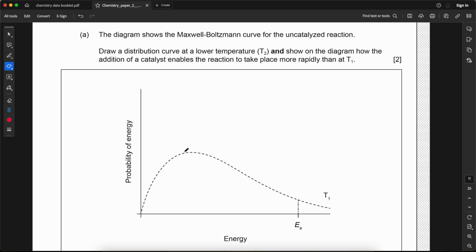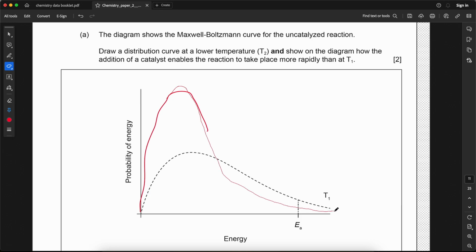When the peak is lower and slightly to the right, it means that peak is for higher temperature. Therefore, the lower temperature should be a bit higher. It should be like this.